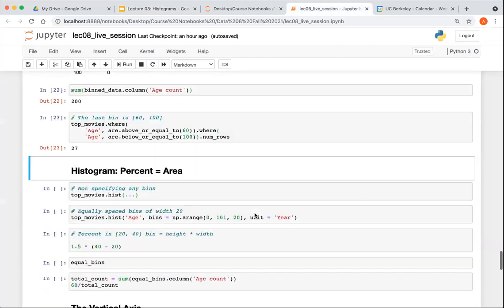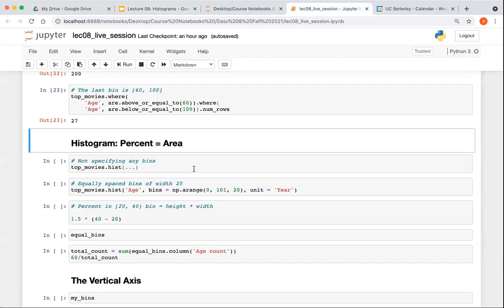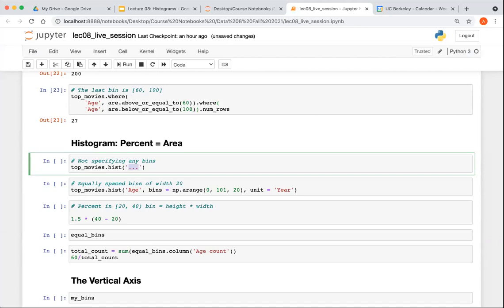Okay, so we are going to draw a histogram, and the method is table.hist of the age column. What I'm going to do, because this is going to become important, is specify the unit of measurement.